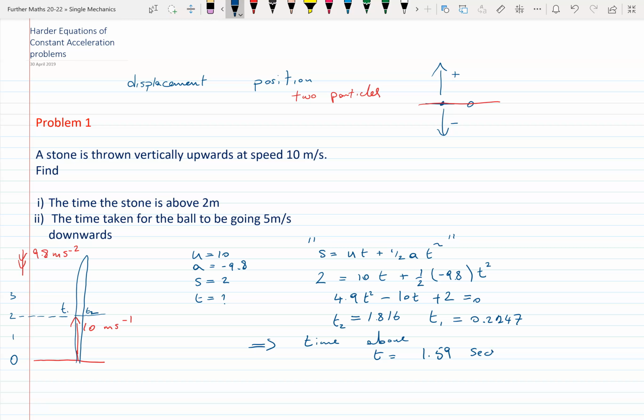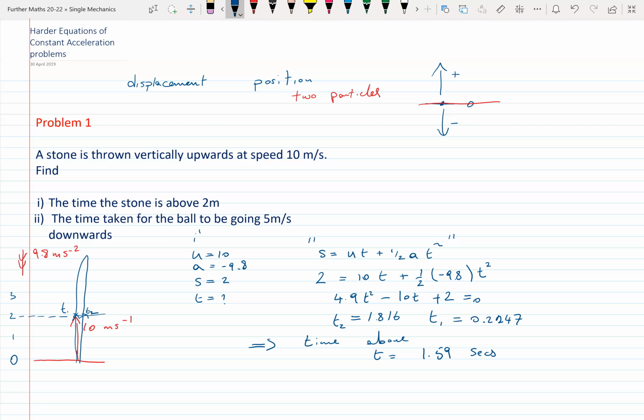So there it's just appreciating the idea of displacement or position, the same thing in this context, being 2 meters above, finding the two times where it's 2 meters above, and then we can answer the question accordingly.